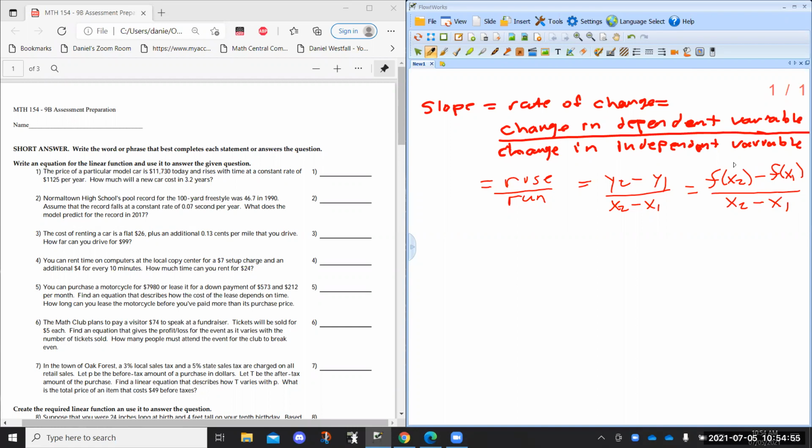So that's one thing, slope. Now a couple of equations of the line that we have. We're going to have the slope intercept form.